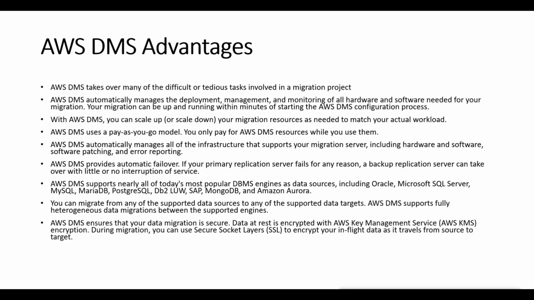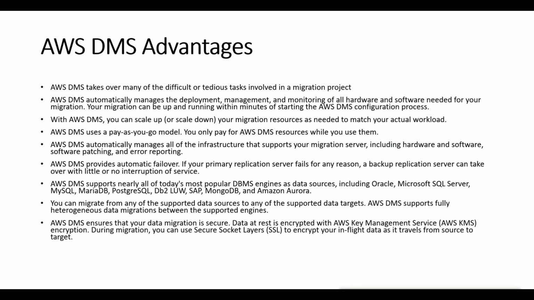So what are the advantages of it? AWS DMS takes over many of the difficult or tedious tasks involved in a migration project. So you need to just configure it and leave it to AWS so that they can migrate the data on their own. AWS DMS automatically manages the deployment, management, and monitoring of all hardware and software needed for your migration.